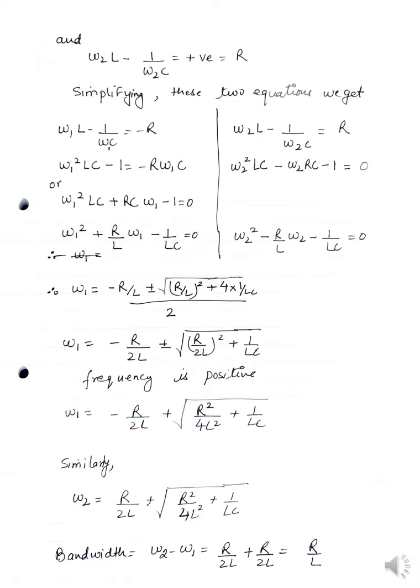I told you that frequencies are always positive, so we will use a positive sign from here, so it will be this, and then omega 2 will be this. So when you subtract, it will be equal to R divided by L.